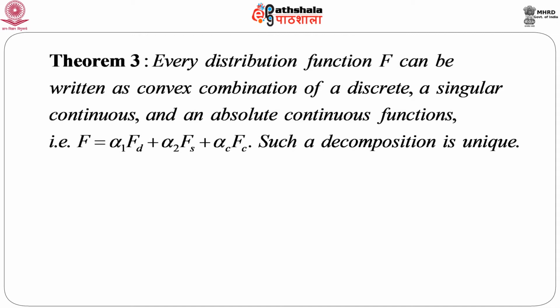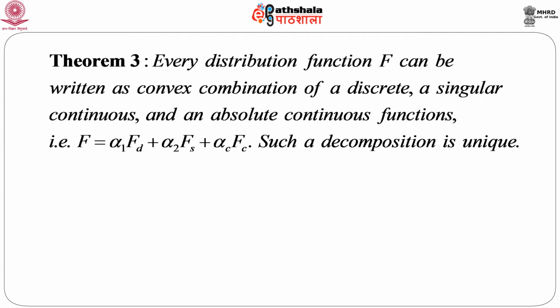Here we have a theorem. Again, this is a very important theorem in the area of distribution functions. This states that every distribution function, whatever be the random variable, be it discrete, continuous, or absolutely continuous, every distribution function F can be written as a convex combination of a discrete, a singular continuous and an absolutely continuous function.